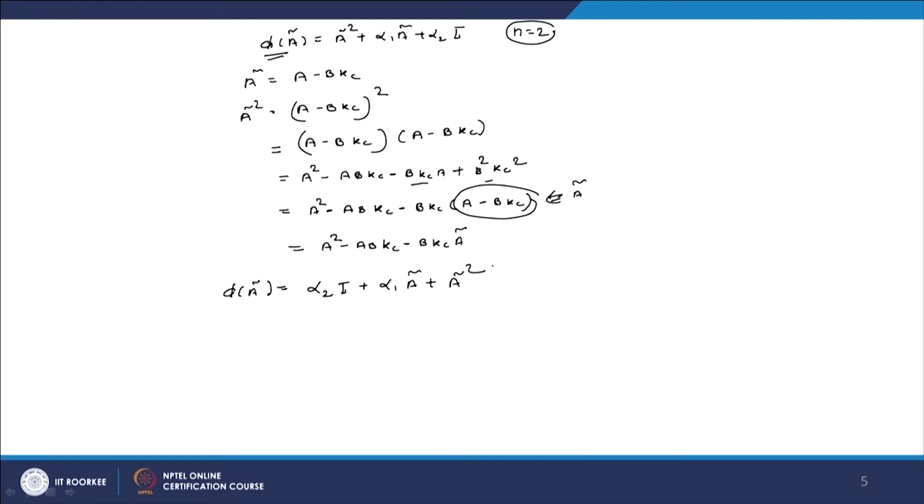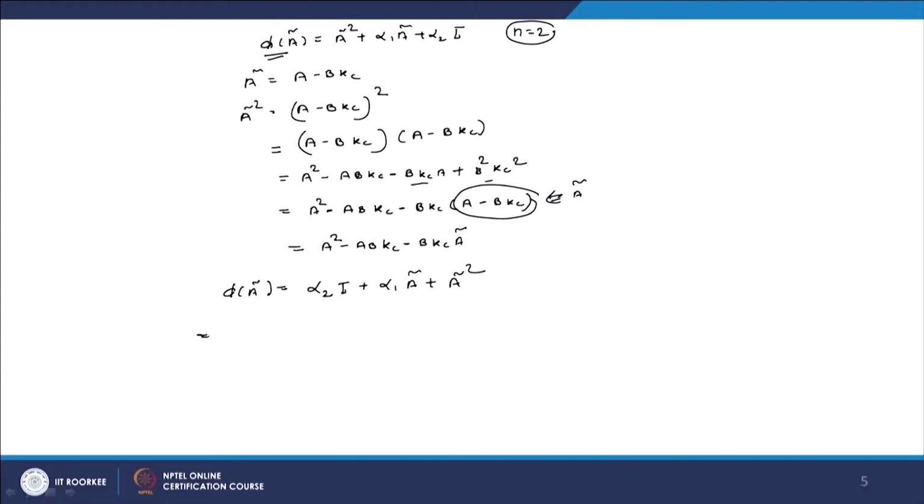A bar we know is A minus B Kc, that is the desired matrix we get after the controller comes into existence. So now this is the equation we have written according to the Cayley-Hamilton theorem. Now we replace the values of A bar and A bar square in these equations.